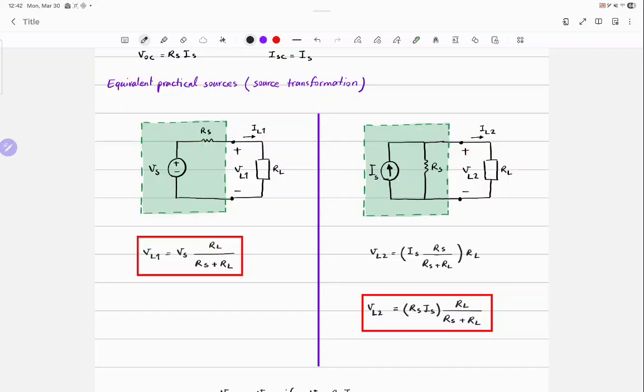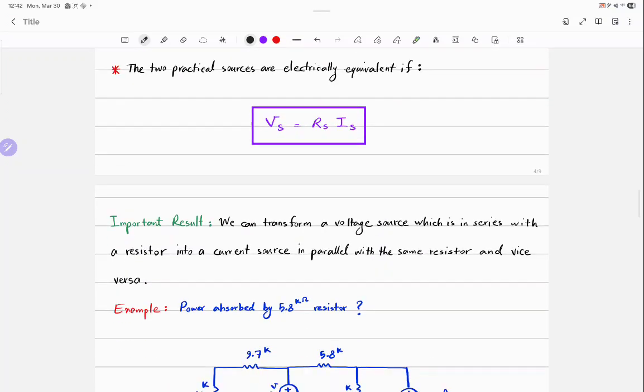See, RS. Now, in the new circuit, in the transformed version, what is the value of the current source? It's Vs divided by Rs. That is called source transformation. You can replace a voltage source which is in series with a resistor. We can transform a voltage source which is in series with a resistor into a current source in parallel with the same resistor, and vice versa.